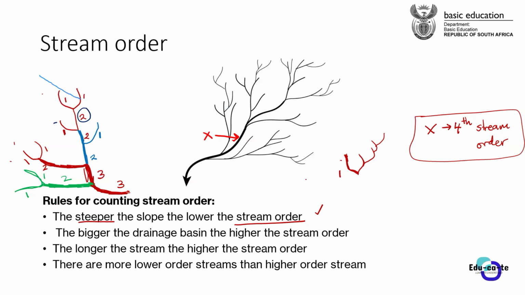And if it is immediately flowing away, it simply means that we already have a first order stream there. And if we're having more first order streams, it means that we're having a lower stream order. So a lower stream order means that our drainage basin is having more first order streams.